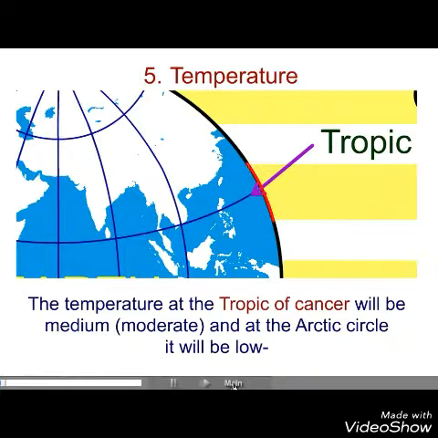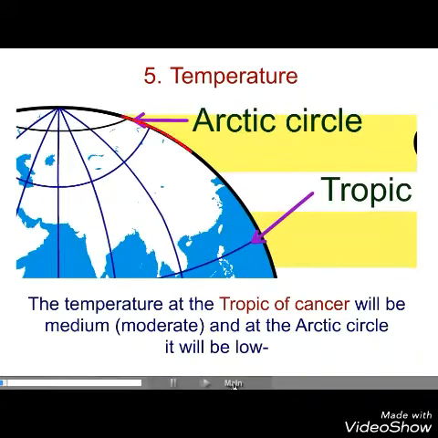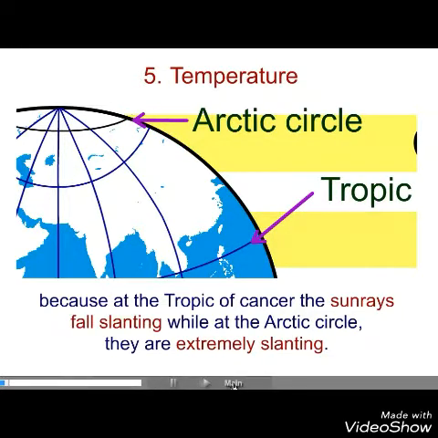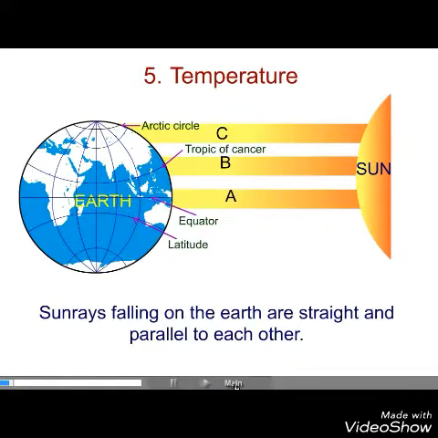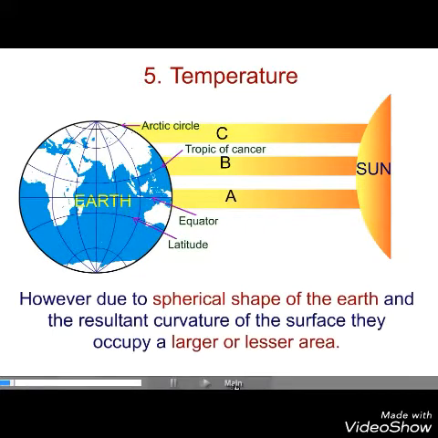The temperature at the Tropic of Cancer will be medium or moderate, and at the Arctic Circle it will be low because at the Tropic of Cancer the sun rays fall slanting, while at the Arctic Circle they are extremely slanting.